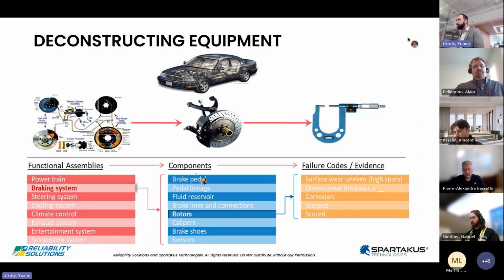If you're missing a component, well, you're missing some failure codes. And if you miss some failure codes, you miss opportunities to identify upcoming failures, right? So really, it's about going from bigger functional assemblies to components and then to failure modes. Here, I've given the example of a car, which is obviously very complex.